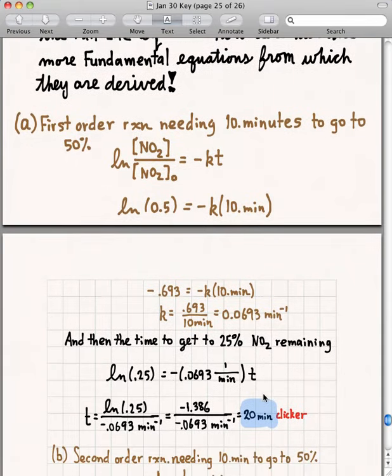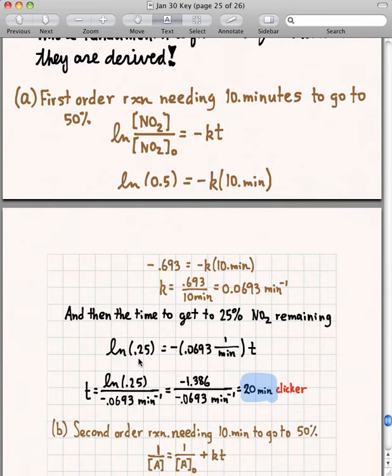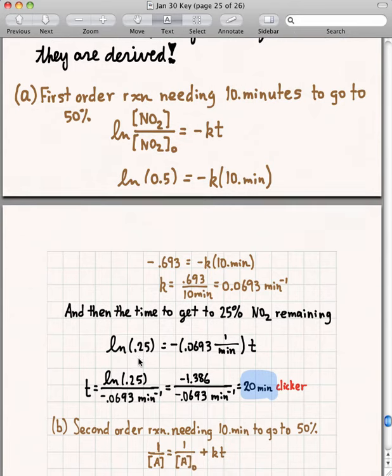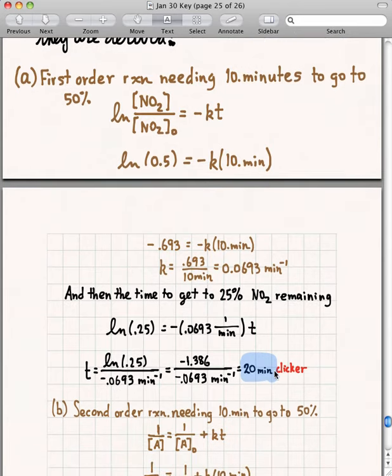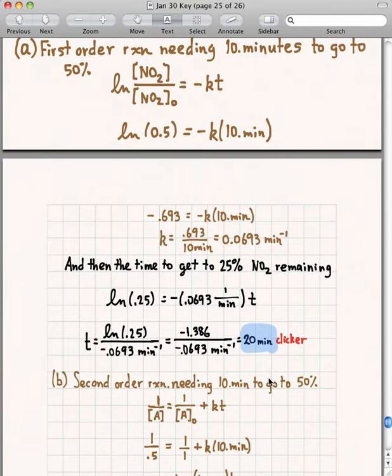Then I could take that constant 0.0693 and shove it back into my equation to determine how long it would take to get to the half of a half condition, or 25%, or 1/4 of what it used to be, and the answer is 20 minutes. Well, duh, that kind of makes sense because we already reasoned that out. The half-life stayed consistent, so it would take 20 minutes.